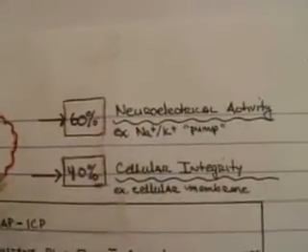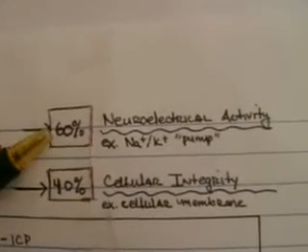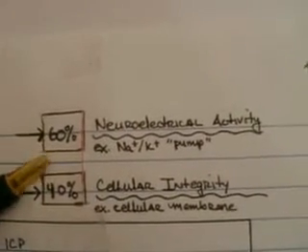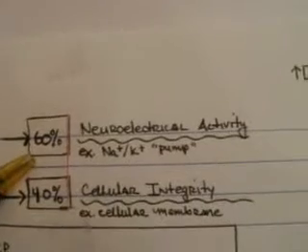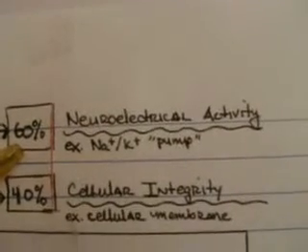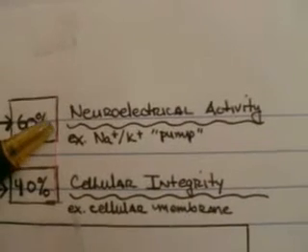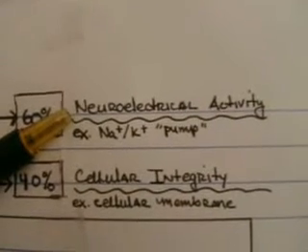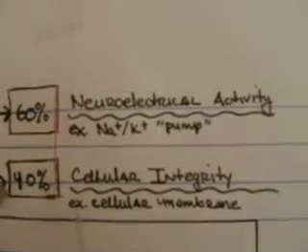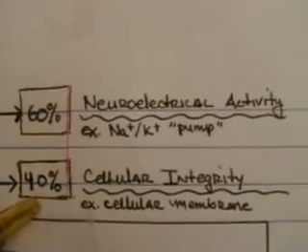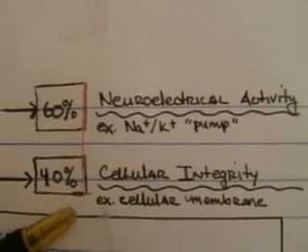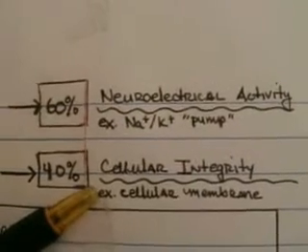And how is that energy source used within the CNS? About 60% of the ATP being produced through glycolysis and TCA can go towards the neuroelectrical activity within the brain tissue, and about 40% goes towards the cellular integrity within the brain tissue.